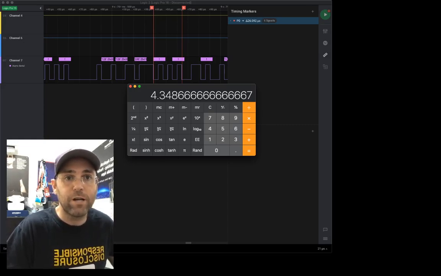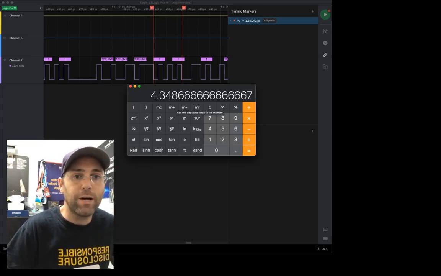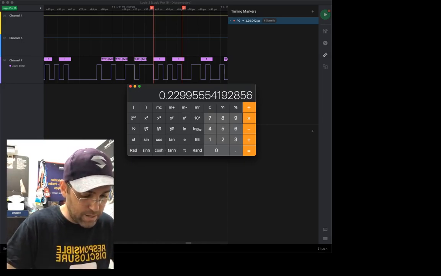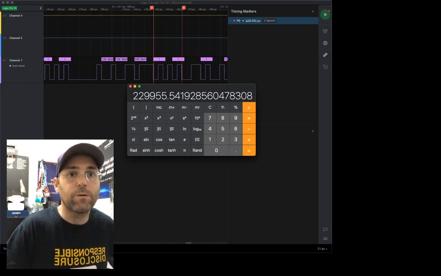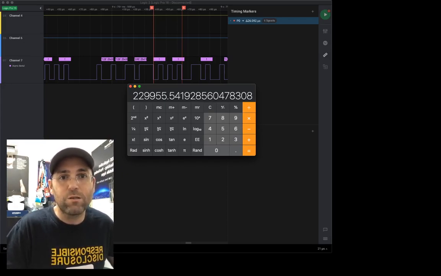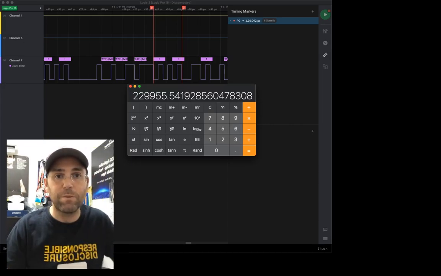Okay, we want to convert it into seconds, so we take the reciprocal and multiply it by a million. Okay, so we get really close to 230,000 bits per second.